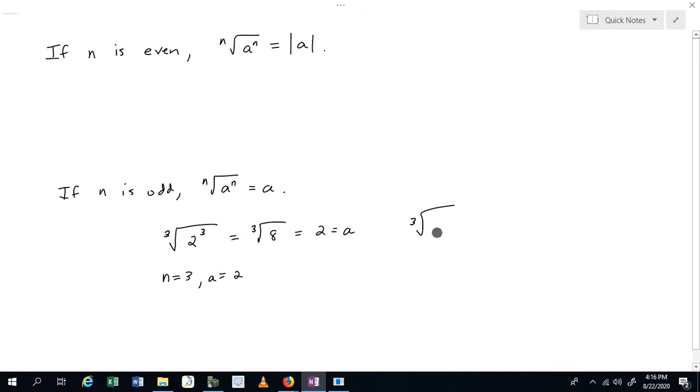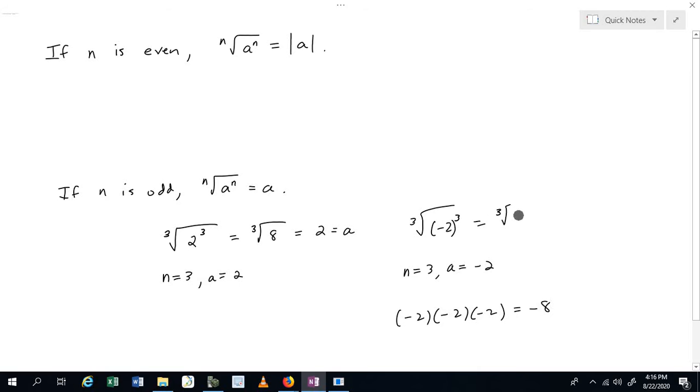Now let's say you took the cube root of negative 2 cubed. All right, in this case, n is 3, and a is negative 2 now. All right, what's negative 2 cubed? Well, negative 2 cubed is negative 8. And it's negative because you have an odd number of negatives here being multiplied together.